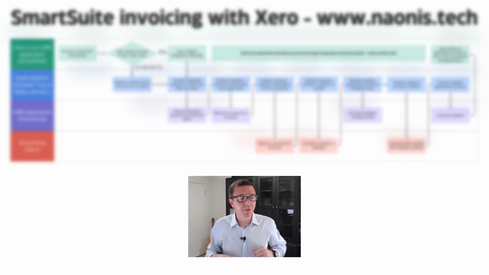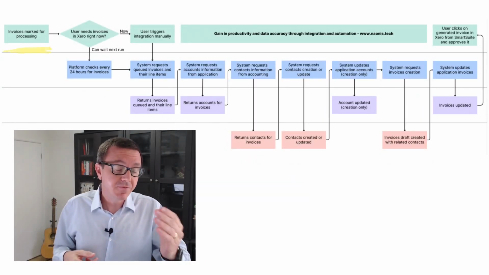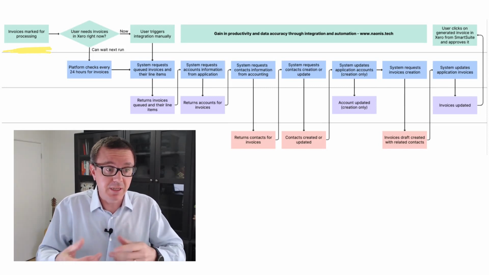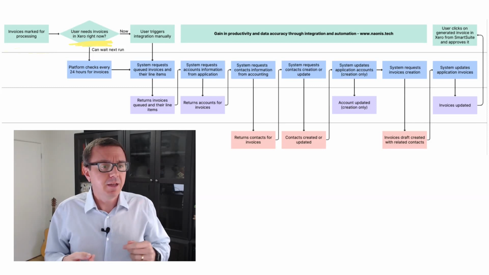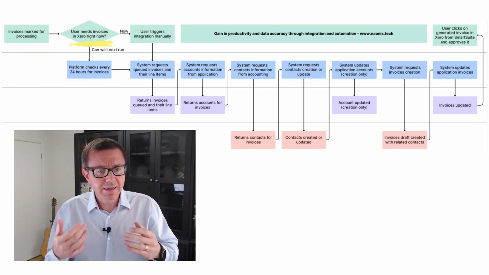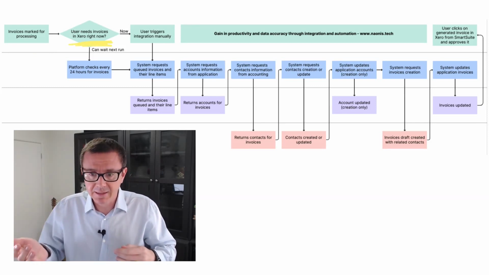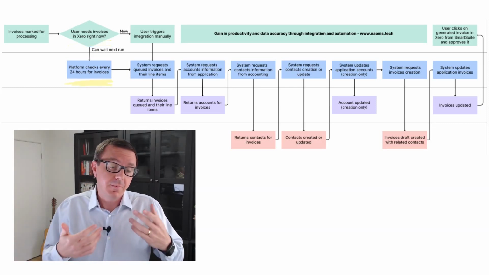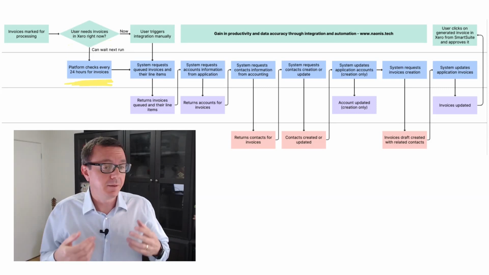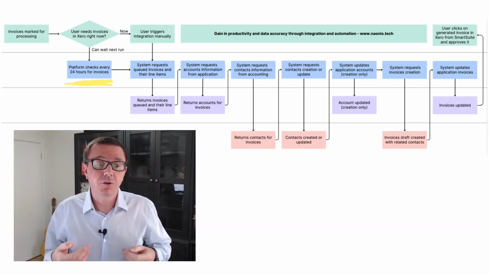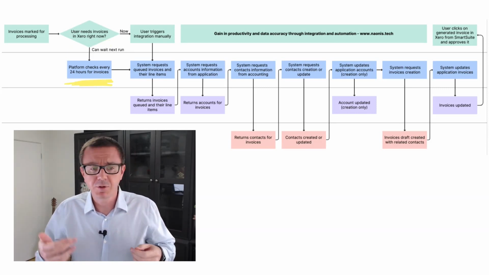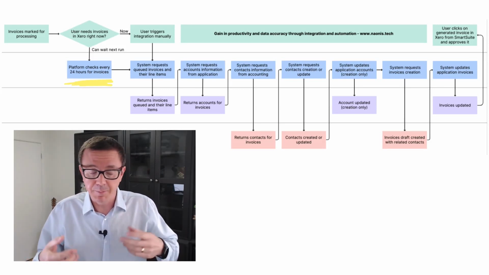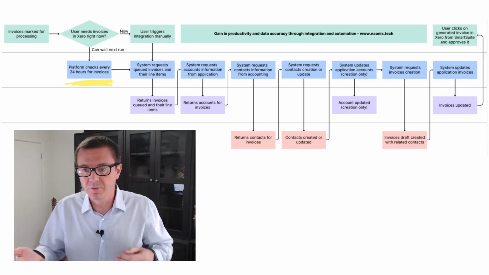Now we start on the process journey, and we see that invoices are marked for processing by the salesperson in the CRM application. The user might need the invoice synchronized immediately because they need to send it to the customer right away. Or as a company policy, maybe the invoices are created every 24 hours during the night, and in the morning they're ready for the accounting department to look over and approve, or for the salesperson to look over.